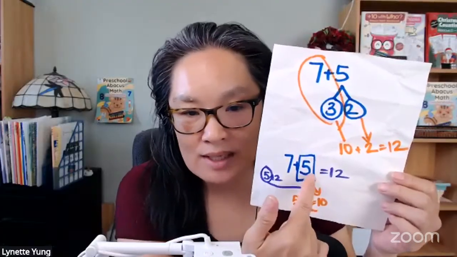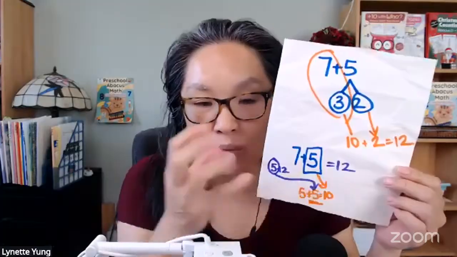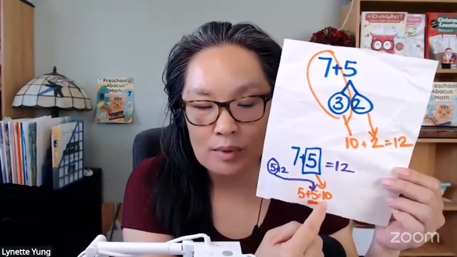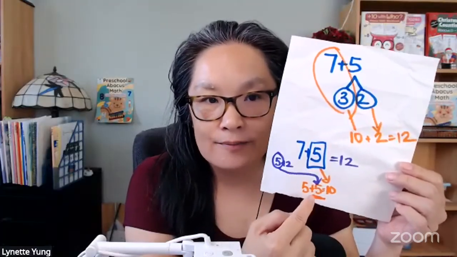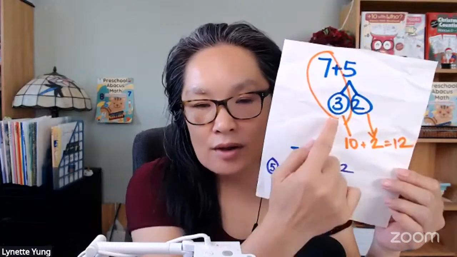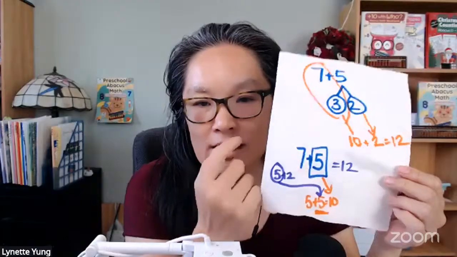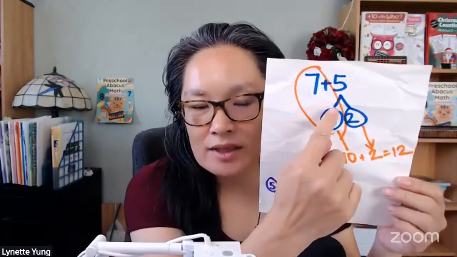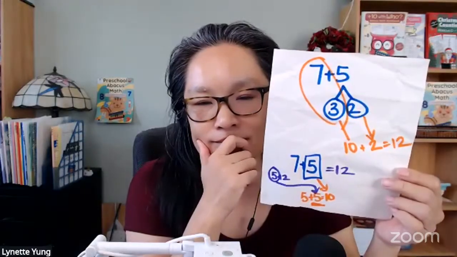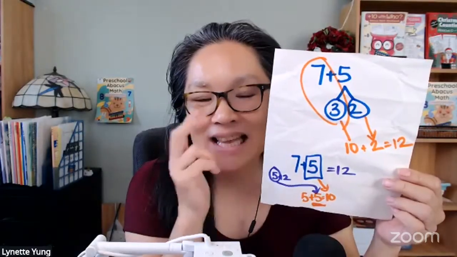What we do in Abacus is we always want the number that we're adding to be the whole number of 10 or 5. Because you're using 5 and 10. Here they are using the partners to 5. They're decomposing this and not using what they have already naturally. And that's the difference.